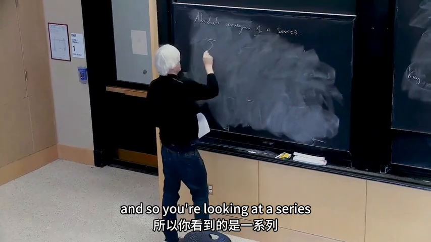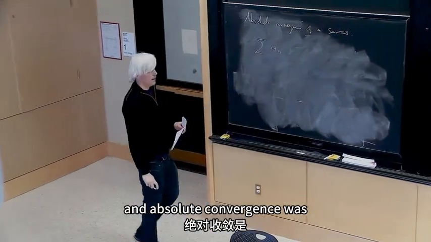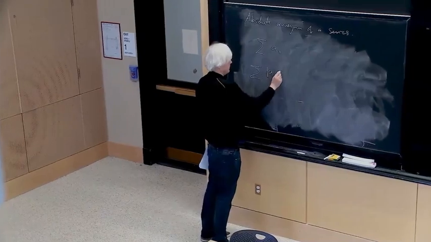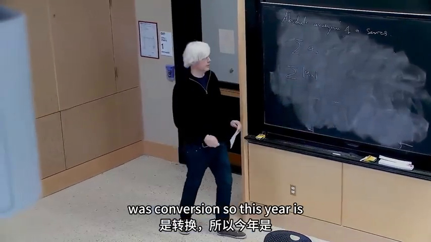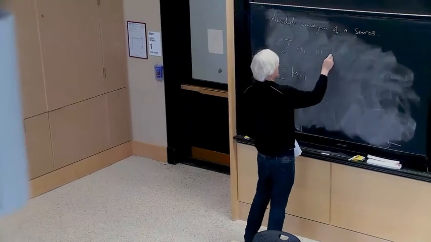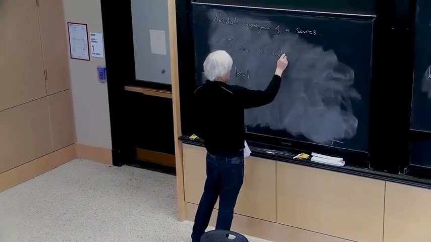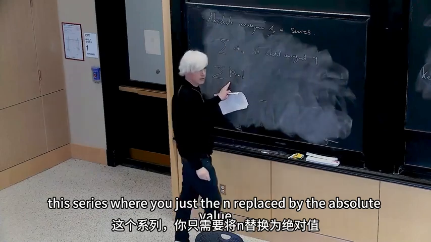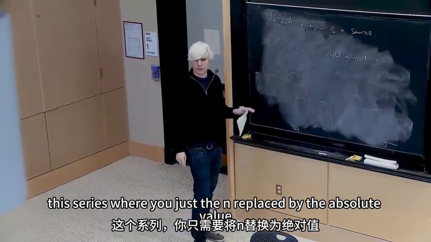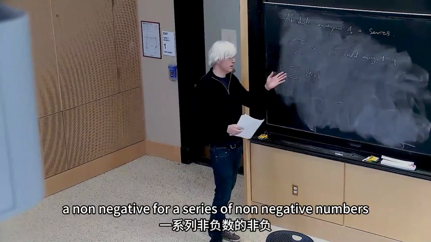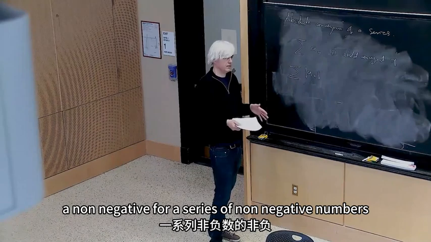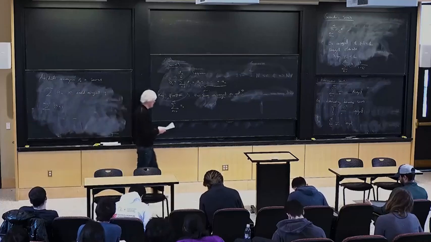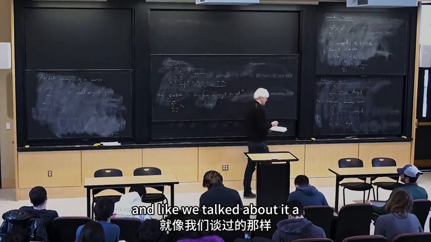So you're looking at a series, and absolute convergence is that this series is absolutely convergent if the series where you replace the an by the absolute value is convergent. Of course, for a series of non-negative numbers, if it's convergent, it's automatically absolutely convergent.